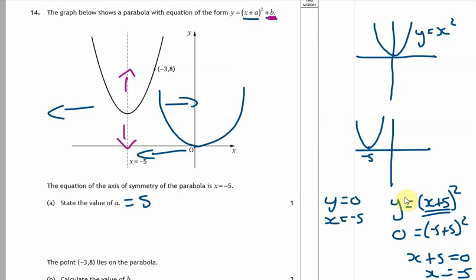But we moved it over 5 places, so it is +5, and I've just explained why that is. So a would be 5. So yeah, +5. So that's moving left and right.